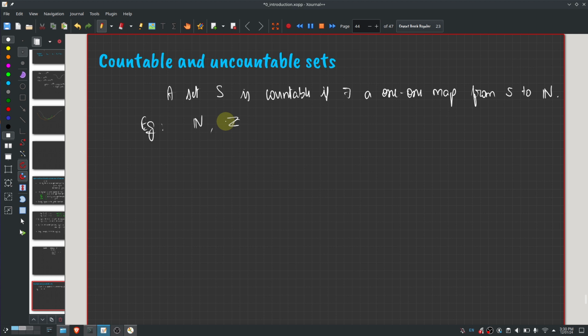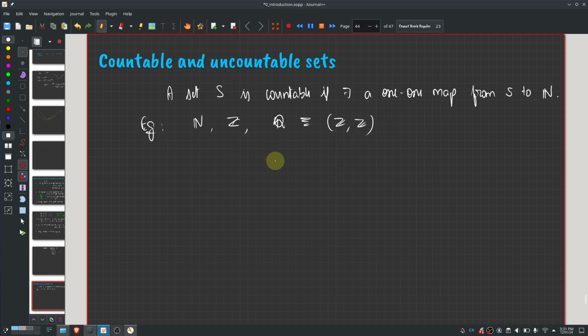Because it's not clear that we have a one-to-one map, right? So the first point that you'll agree with is that the set of rational numbers is essentially the same as the set of all pairs of integers, right? Because you can just look at it, numerator divided by denominator, right?